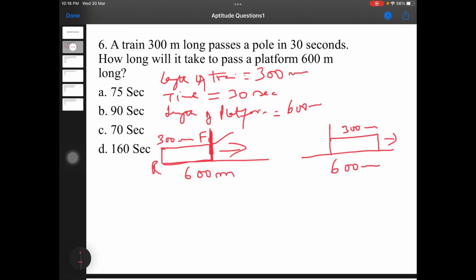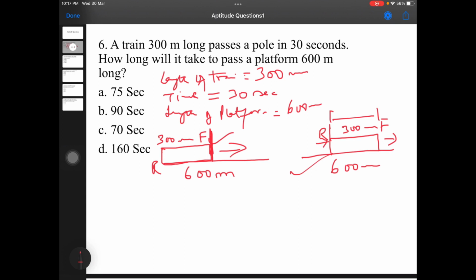Whereas in the second scenario, the back side of the train just crossed the pole. So the distance traveled by this train, from here to here, we can take as the length of the train, that is 300 meters.